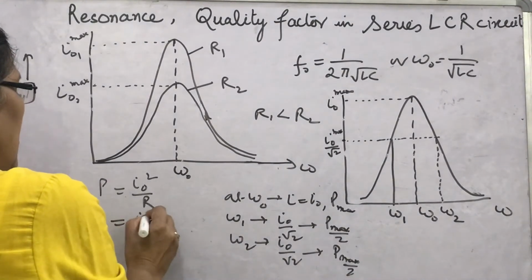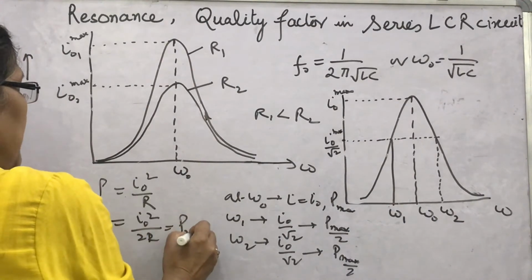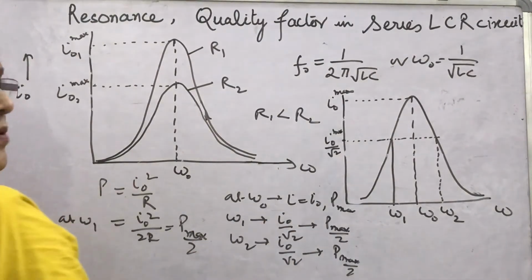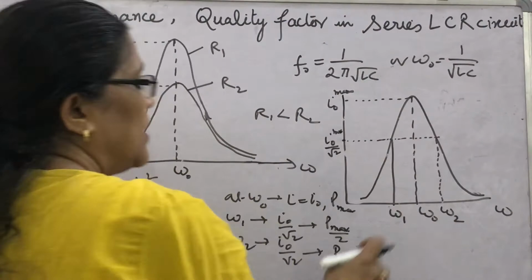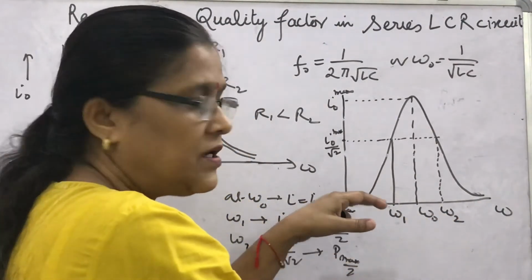You will find I naught square upon 2R, that is P maximum by 2. So these omega 1, omega 2 are the frequencies, they are also called half power frequencies.